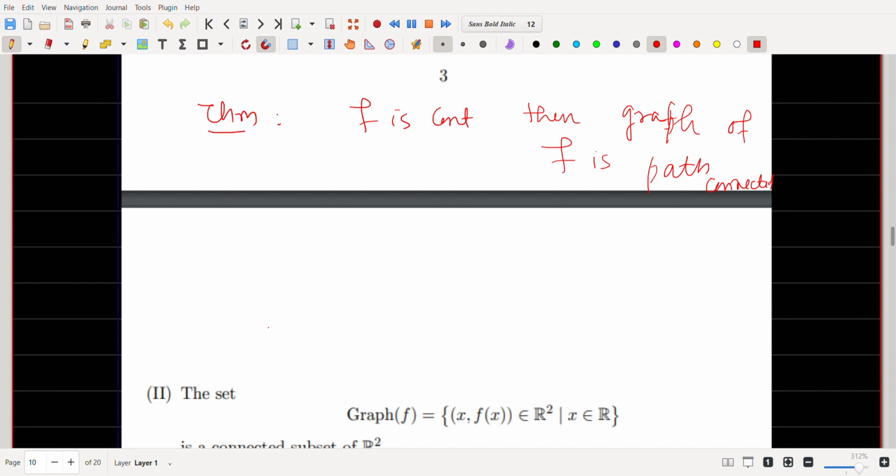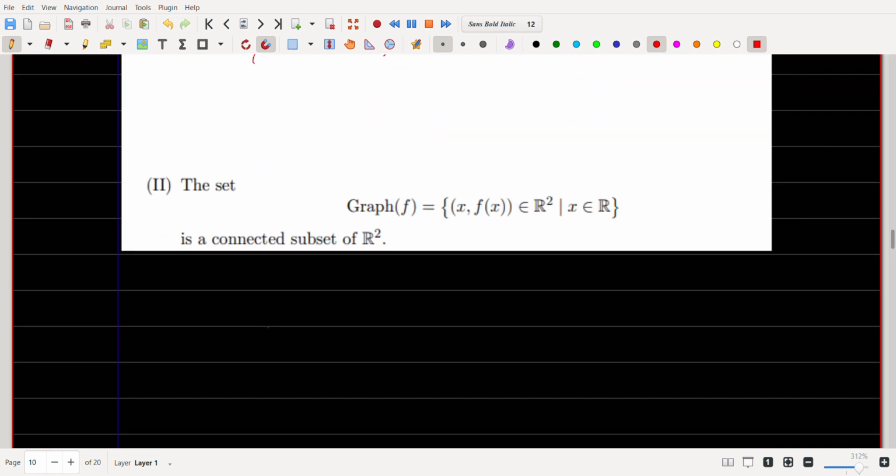So f is continuous, so the graph of f is path connected. This is a theorem. And this will imply the graph is connected, because path connected implies connected.